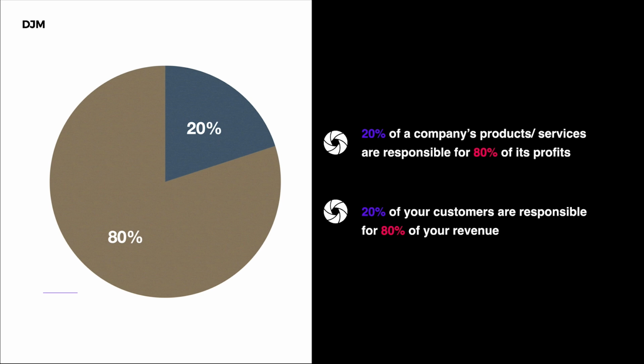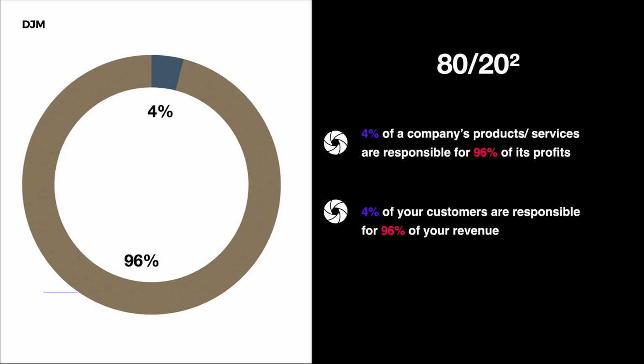If you 80-20, and you take that 20% and break it down into its own 80-20, separating that 20% into 80% and 20%, what you end up with is 96.4, which is 80-20 squared. So 80-20 squared states that 4% of a company's products or services are responsible for 96% of its profits. And 4% of your customers are responsible for 96% of your revenue.